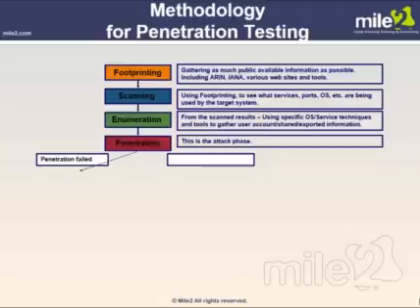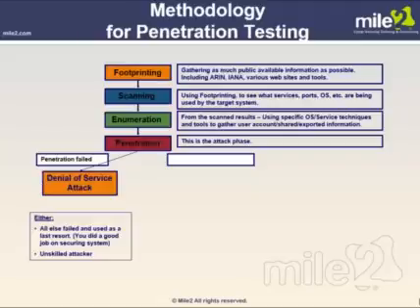Now, if the penetration fails, what generally will happen is we do a denial of service. A lot of times this will happen if it's with malicious intent. So if the penetration fails for the malicious hacker, for instance, they'll do a denial of service attack possibly. It's basically used as the last resort.